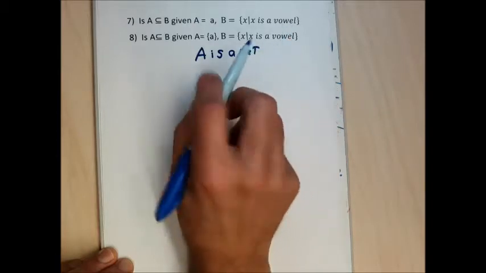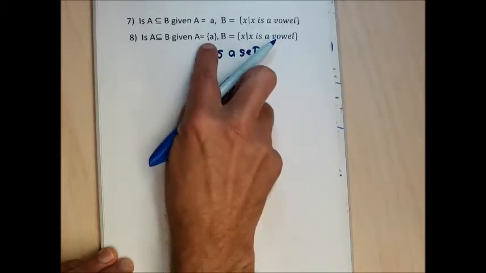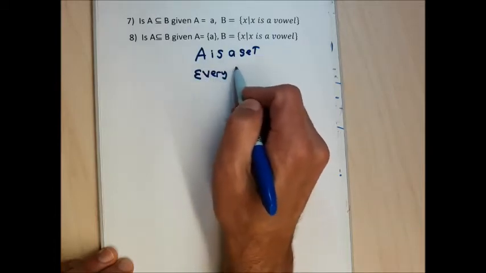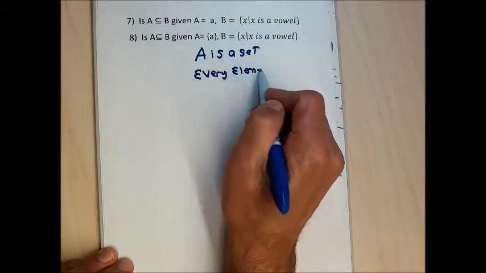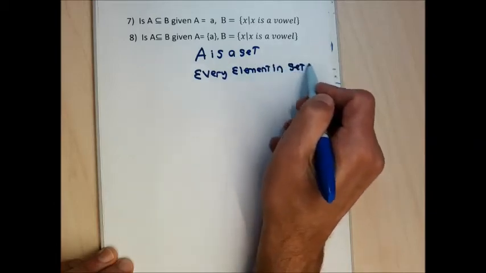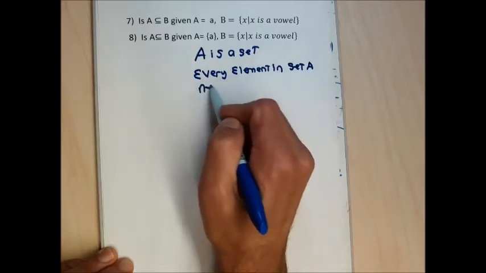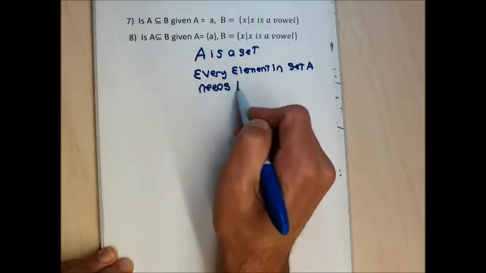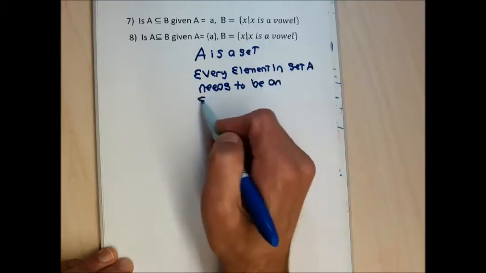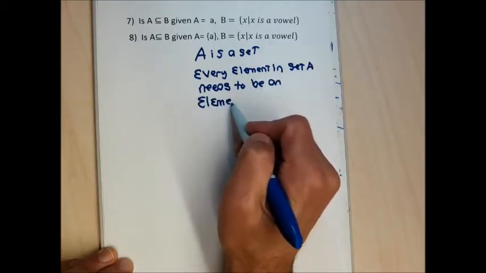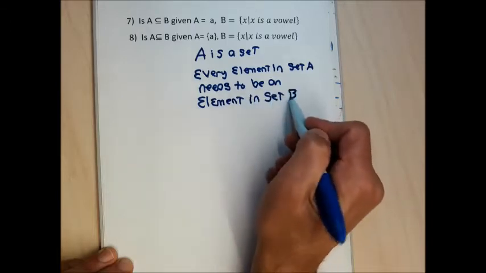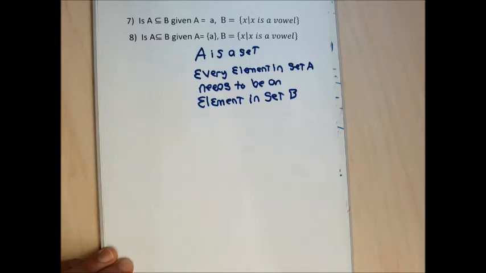Rule 2 means every element in A needs to be also in B. And B is written in set builder notation.